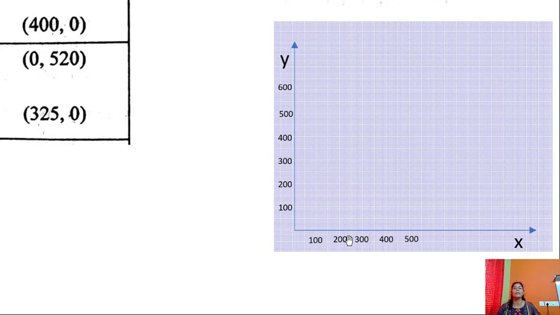This is the x-axis and this is the y-axis, and this is the first quadrant where x and y are both positive. So we can plot the points. We can have the scale 1 centimeter equal to 100 on both the x-axis and the y-axis, depending upon the maximum value on each axis.